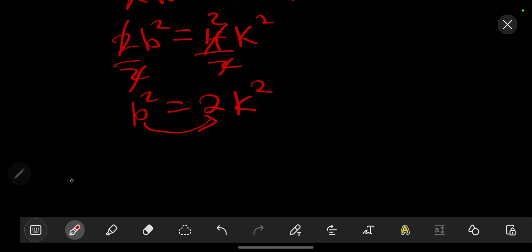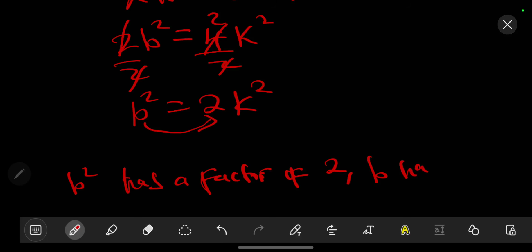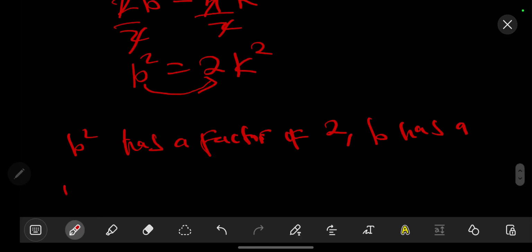So b squared has a common factor of 2. That means b has a factor of 2. If the square has a factor, then even the individual letter has that factor of 2.